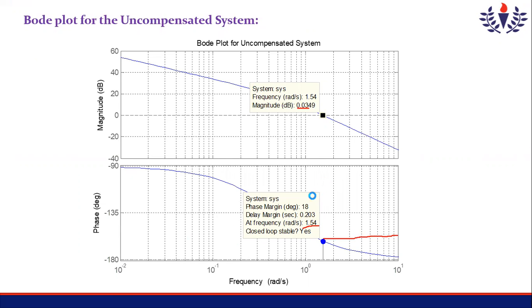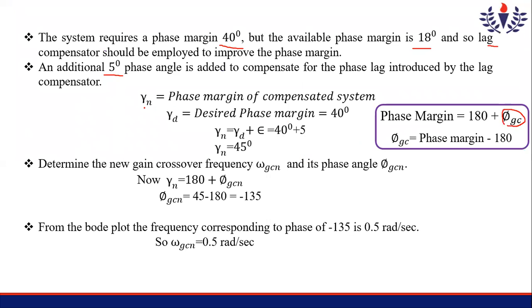For improving this, we are taking gamma n. Gamma is the actual phase margin. Gamma n we are assuming as the phase margin of the compensated system, and gamma d is the desired phase margin.